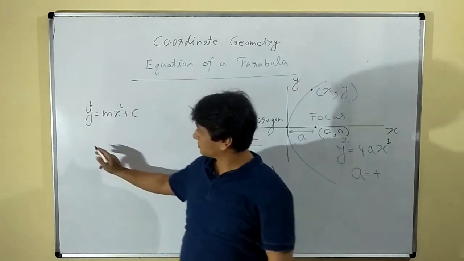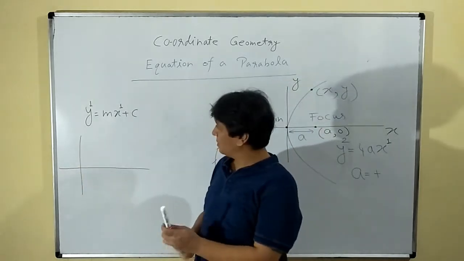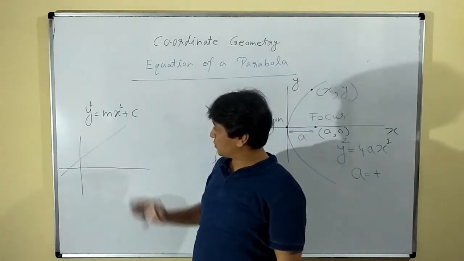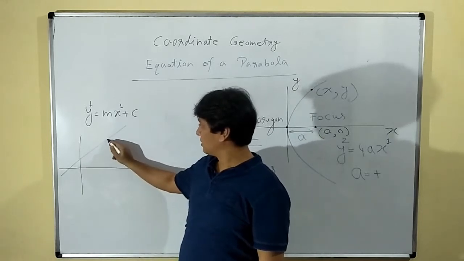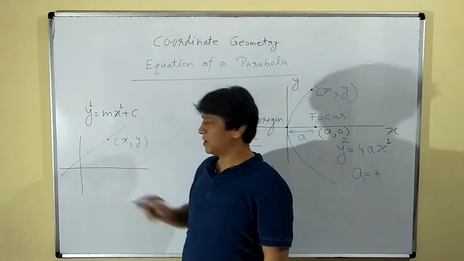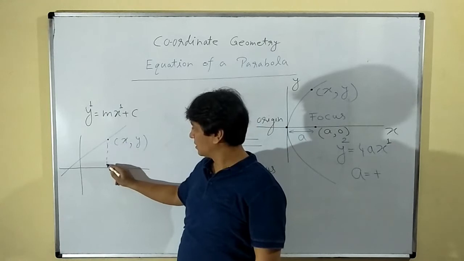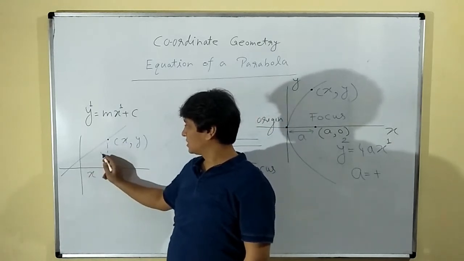यहाँ पर when we drew a line like this, that was a straight line. If you take any point x comma y, what is happening? This distance is x and this height is what?